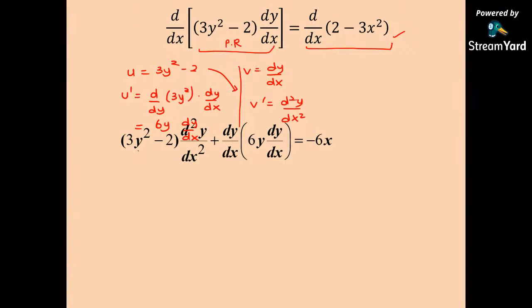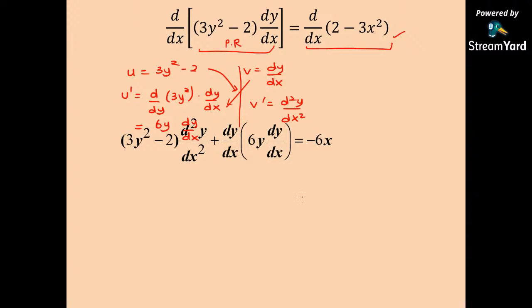Okay, so u times v prime. So we are going to get 3y squared minus 2 times d2y over dx squared plus v u prime. So we are going to get dy over dx multiplied by 6y dy over dx equal to negative 6x. On the right hand side, if you differentiate them, you are going to get negative 6x. Okay, so what happens next?